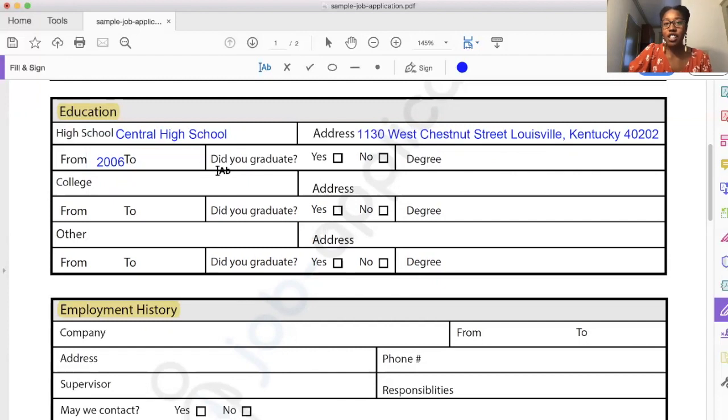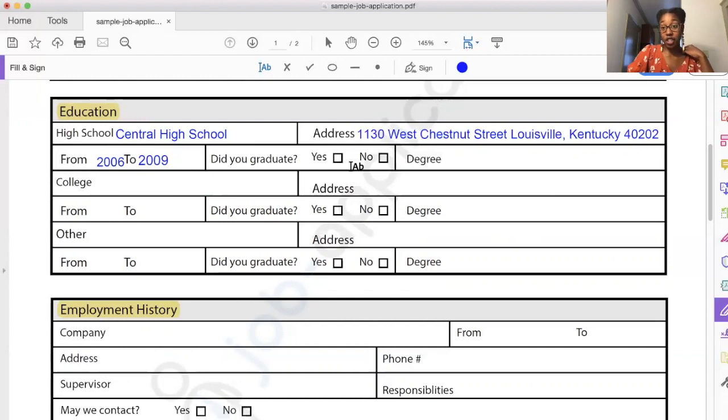High school, which is similar to secondary school. And then we will put to 2009. Sarah finished high school or secondary school in 2009.